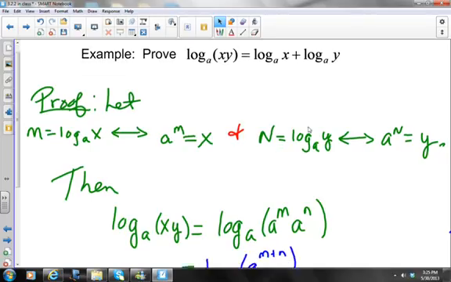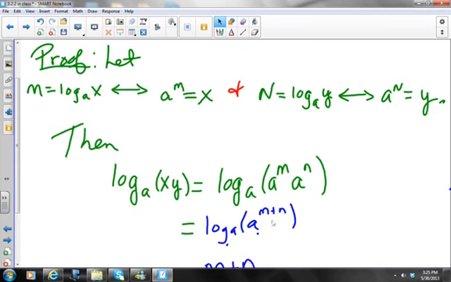Our first step is to start with the left-hand side, and we want to, of course, conclude with the right-hand side in the proof. On the left-hand side, we have log base a of xy, and then we simply substitute in what we've indicated here. So instead of xy, we have log base a of a to the m times a to the n.